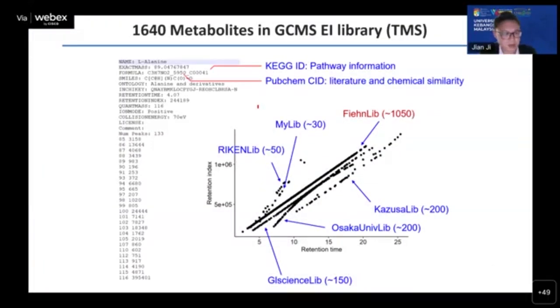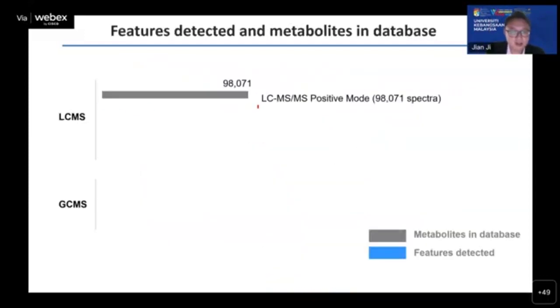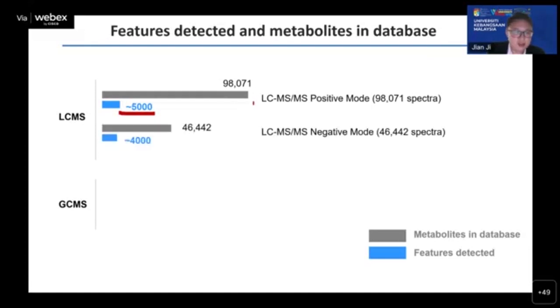Finally, we're going to talk about the libraries here. Actually, we showed this before, but you will see that in LC-MS, we normally detect around 5,000 features in positive mode, and around 4,000 features in negative mode, though it differs by matrix. But for the library, like the MONA database, we get around 100,000 spectra there in positive mode, and in negative mode around 50,000 LC-MS spectra.